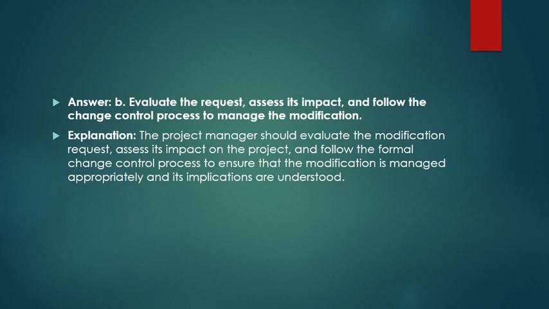Answer is evaluate the request, assess its impact, and follow the change control process to manage the modification. The project manager should evaluate the modification request, assess its impact on the project, and follow the formal change control process to ensure that the modification is managed appropriately and its implications are understood by the team.